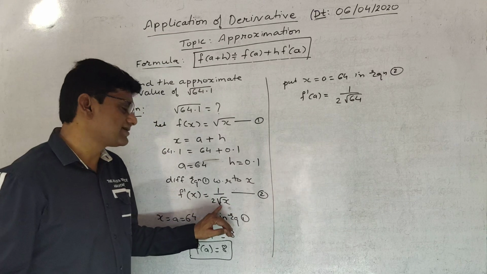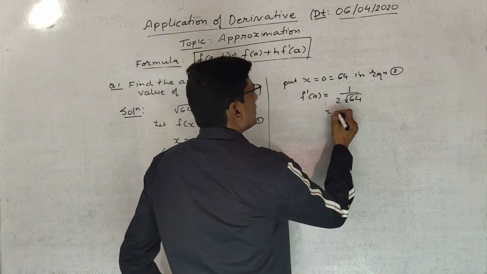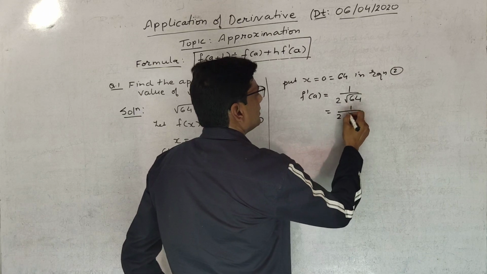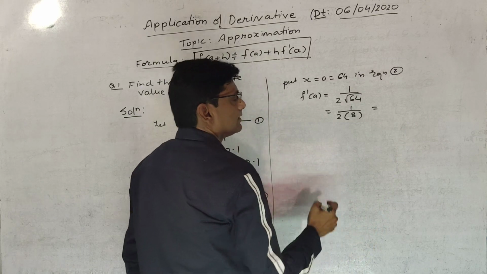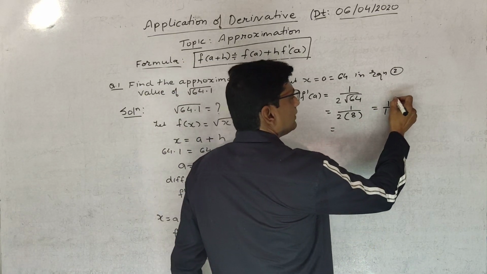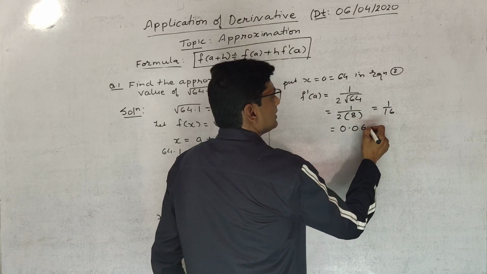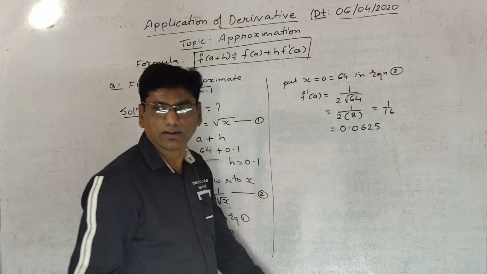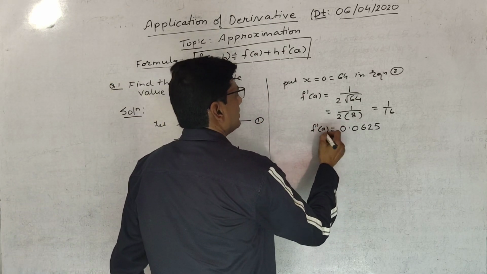The square root of 64 comes out to be 8, so twice into 8. It will be 1 upon 16. It means if we divide 1 by 16, you will get 0.0625.